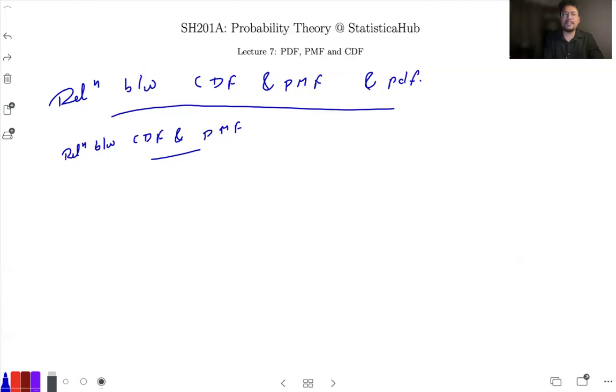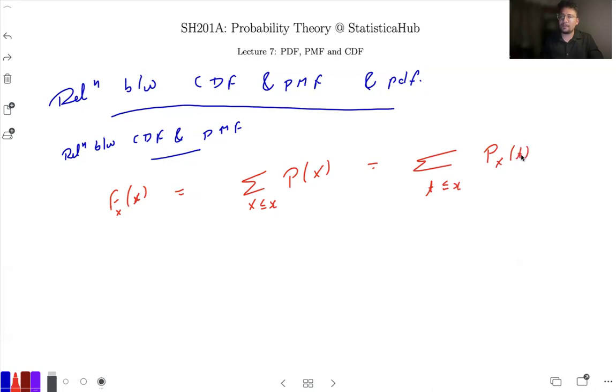How do we define the CDF? We define the CDF, F(x) at a particular value of small x, as simply the summation of the probability function for all points where X is less than or equal to small x. Or in other words, you can write this as the summation over all values of t less than or equal to x of the probability P(t).